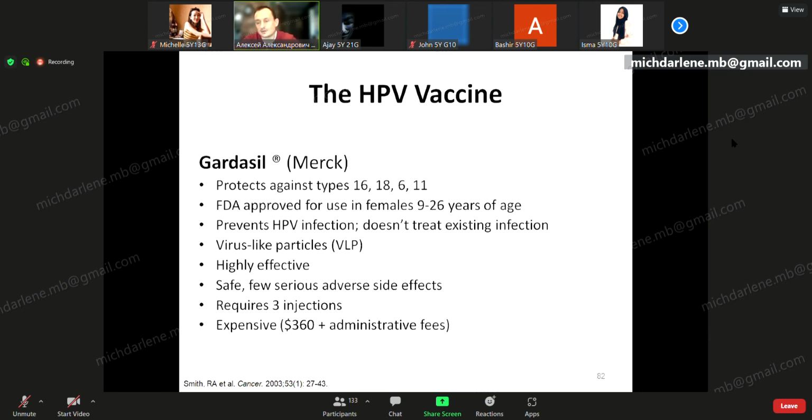How to prevent it? We have the point where we need to put our eyes. That point is HPV infection. And at the present day, we have the HPV vaccine.